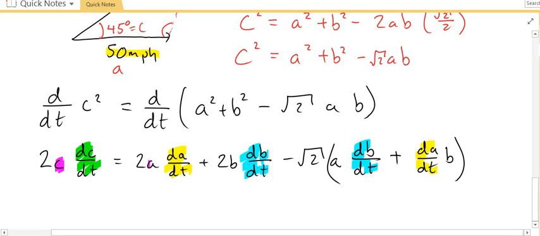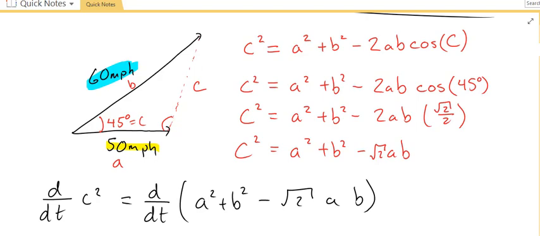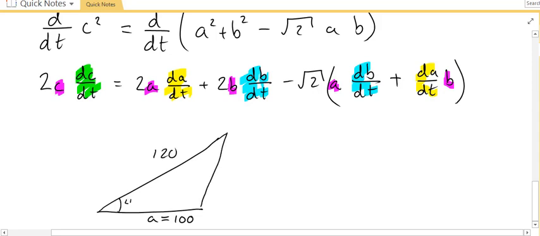We need to figure out C, A, and B. Well, again, we can figure A and B out because we know that the cars have been traveling for 2 hours. So after 2 hours, the car has traveled in my A direction 100, and in the B direction 120. And we have that this is 45 degrees. So we can go ahead and figure out what C is from this.